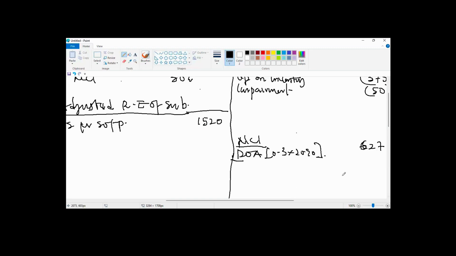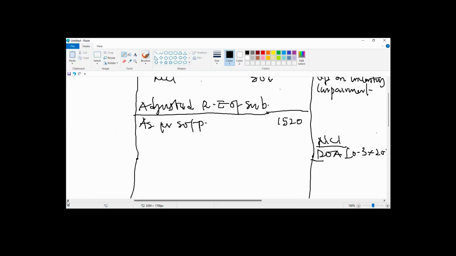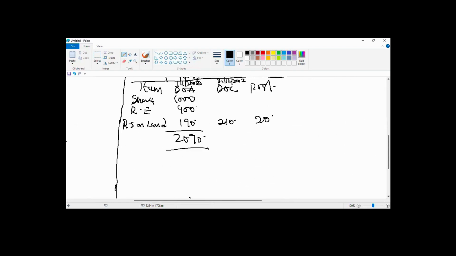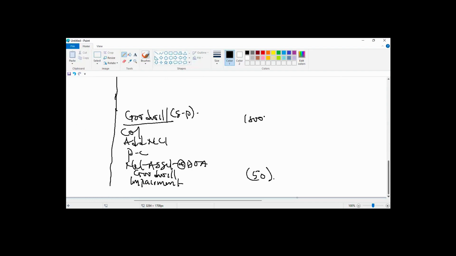Second leg, I'll go to the goodwill calculation. 627. Add NCI, 627, which is 0.3 times 2090.